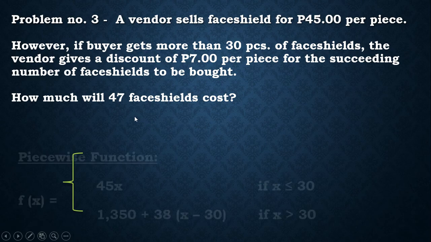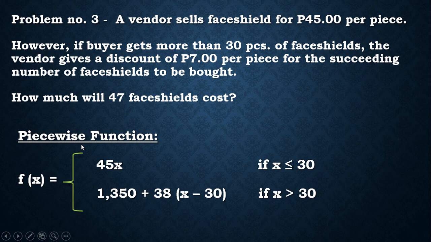Now, we are going to use the piecewise function. Again, piecewise function is a function that has multiple sub-functions. Our first condition here tells that every face shield costs 45 pesos.